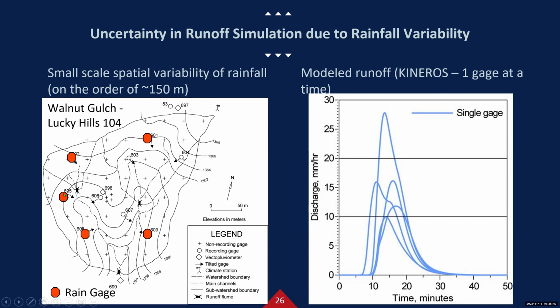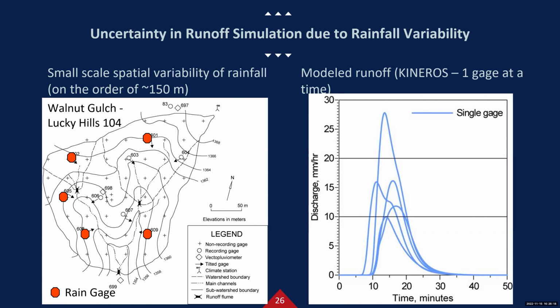But here we've got 5 recording rain gauges in these Lucky Hills watersheds, and we're modeling the runoff down here at the flume. And if we input this data from each of the 5 rain gauges individually, this is the kind of variability. On the low end, you'll have a 10 millimeter per hour peak and on the high end about 27 or 28.